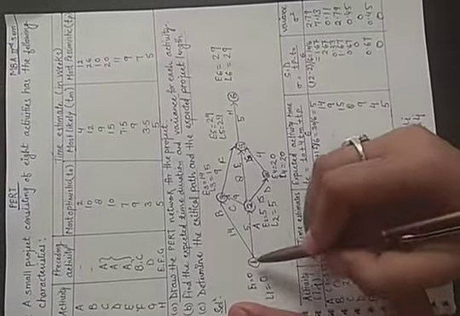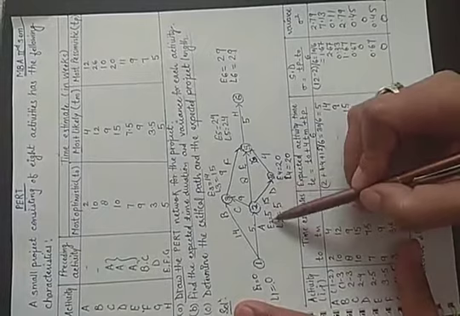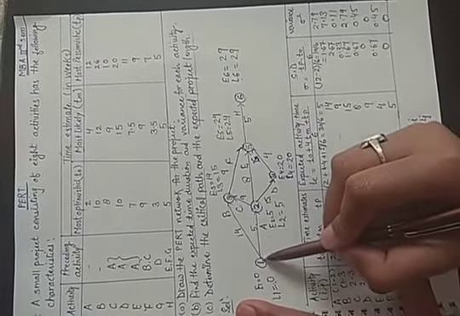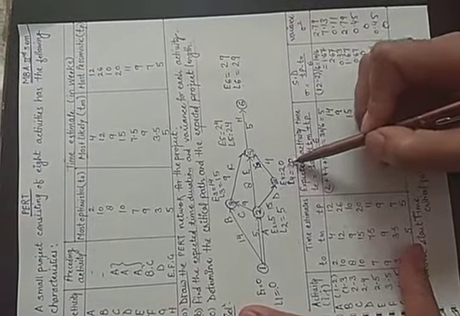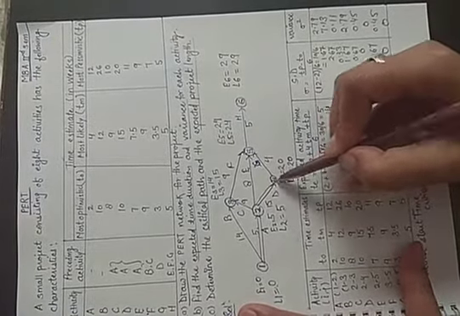So as we studied in the previous class, what is the critical path? The critical path is where Ei is equal to Li, or we can say Ej is equal to Lj. It is known as the critical path. So E1, L1 are 0. Next, E2 and L2 are equal to 5. We will represent it by a double line. Then E4, 20, 20. We will represent it by a double line.